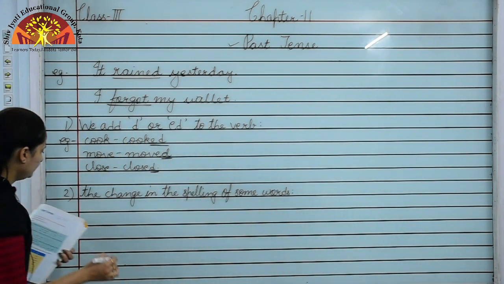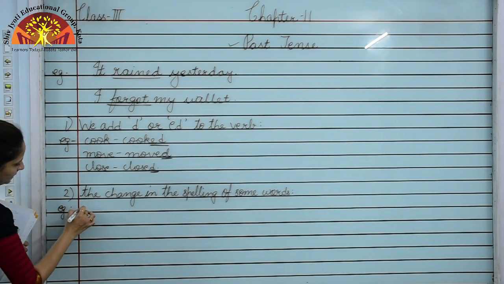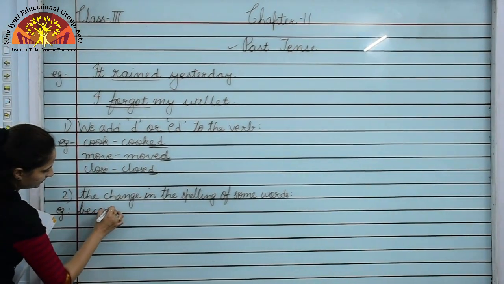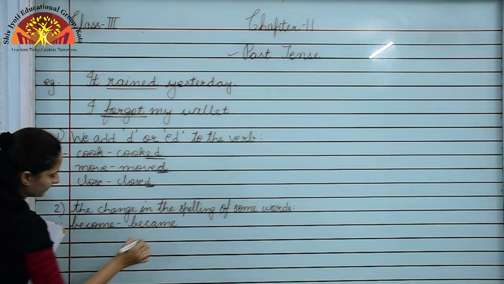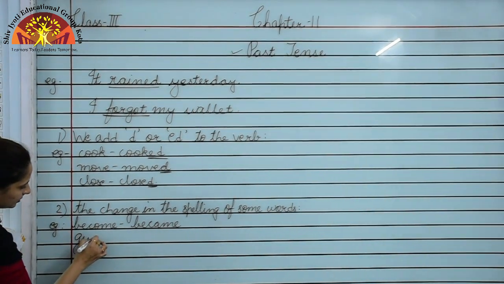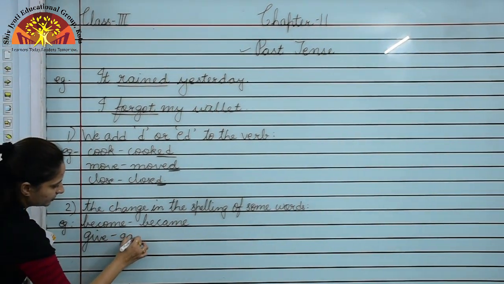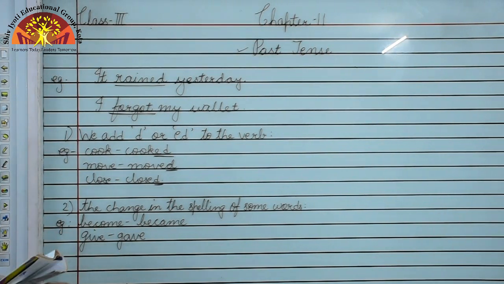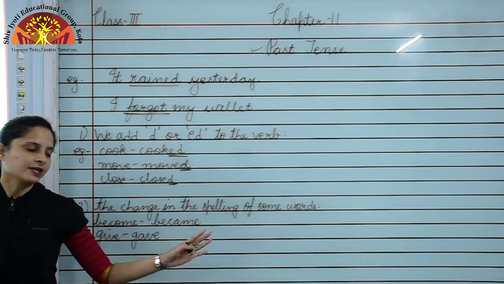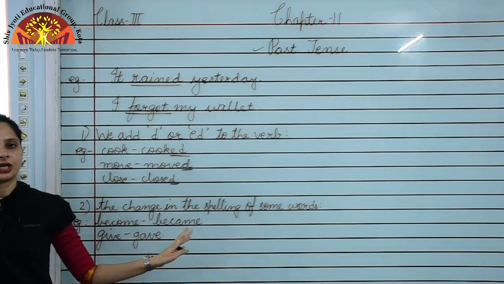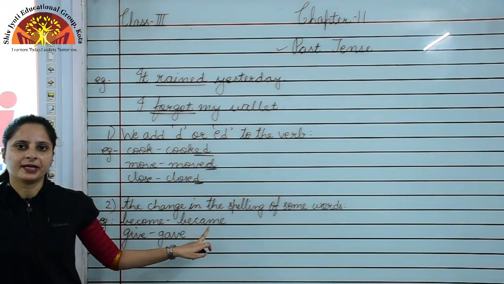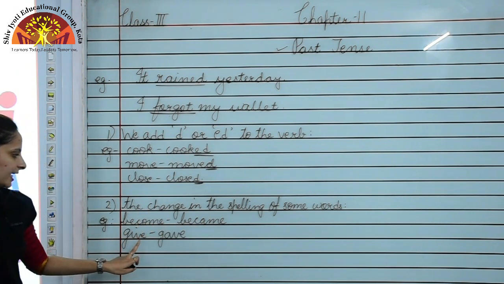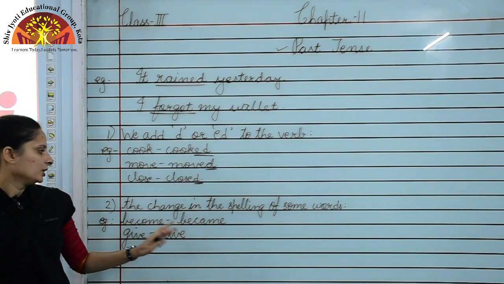For example, become, became, give, gave. Sometimes if we have to change the verb into its past form, we make a slight change in the spelling. For example, I have written become, in the past form it becomes became, give becomes gave.